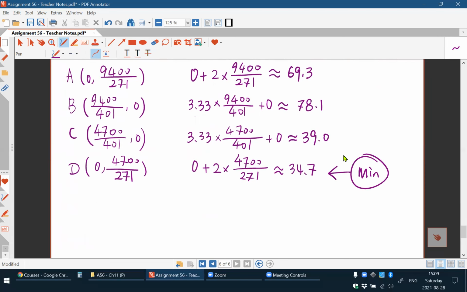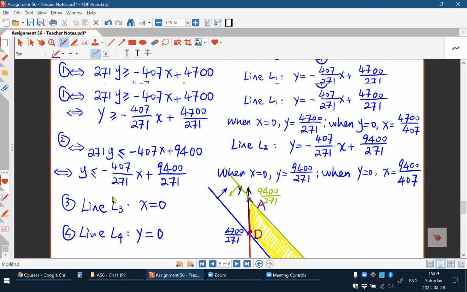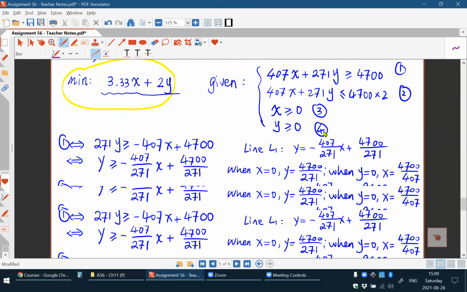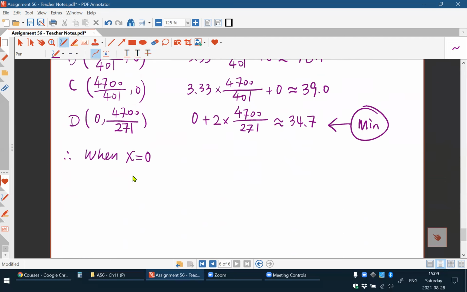And now we can make the conclusion. So when x is 0, y is 4700 over 271, which is approximately 17.3.